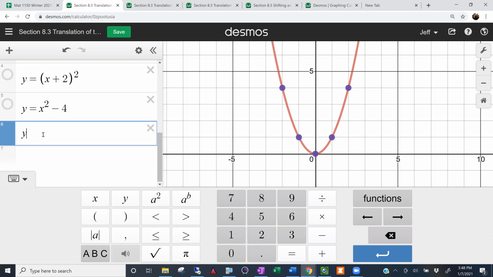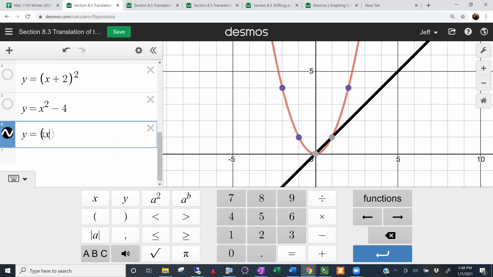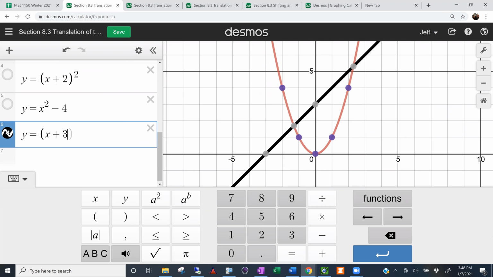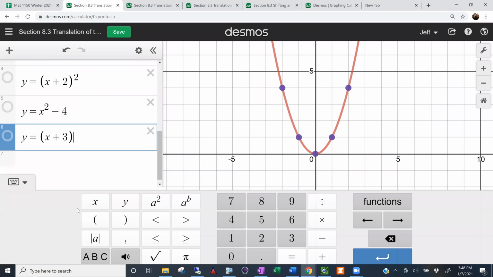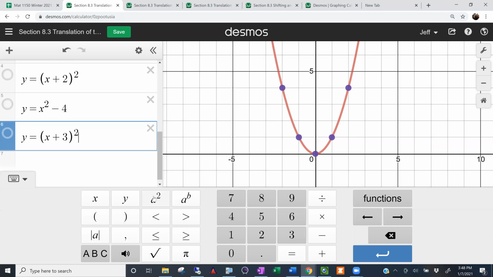So while I navigate over to Desmos, see if you can figure out what those shifts are. So that'd be y equals x plus 3, squared, minus 1. So did you get both shifts? How about the first one inside the parentheses? Anyone on that one?